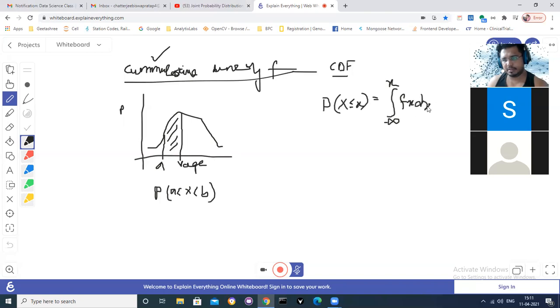That means we are adding up all the probability up till x.